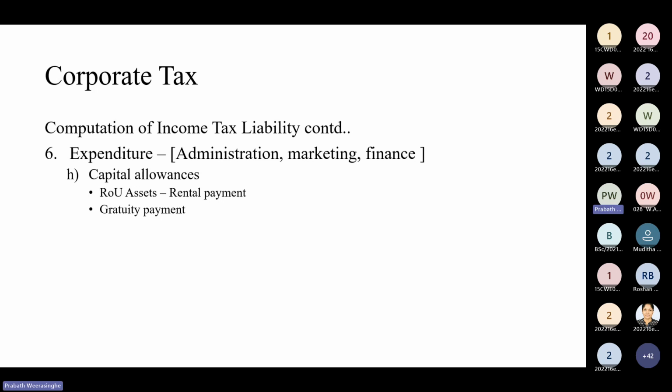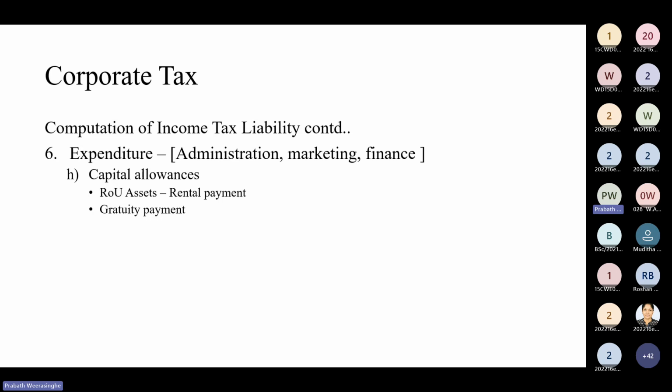Remember that under the ROU assets, there may be amortization. That is a provision, it is not allowable. And also lease interest, the ROU asset lease interest, that is also a disallowable cost. But rental payment is allowable, right? Therefore, you have to separately identify the rental payment. We have to separately pick it because it is not there in the comprehensive income statement, so you can deduct that.